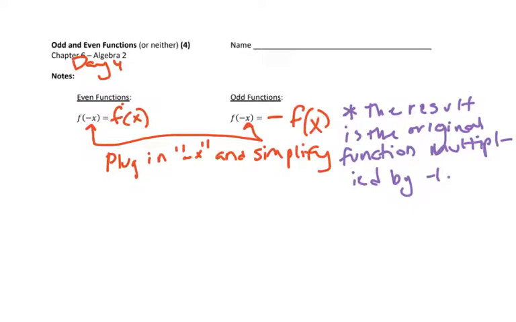And then the other one, if you have an even function, plugging in that negative x, the result is the original function.